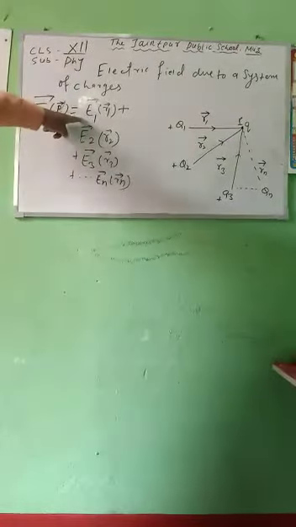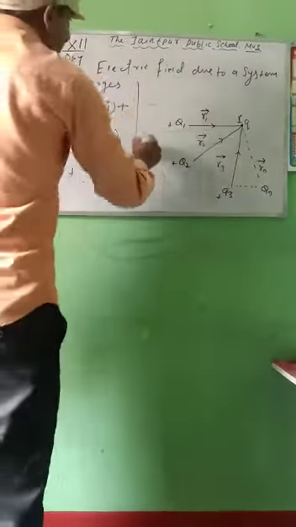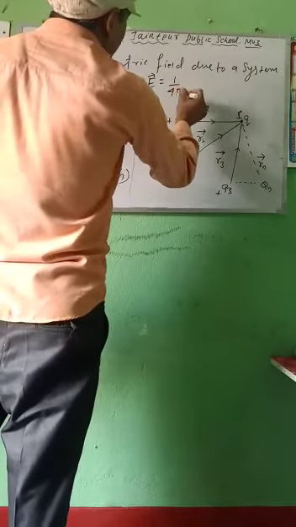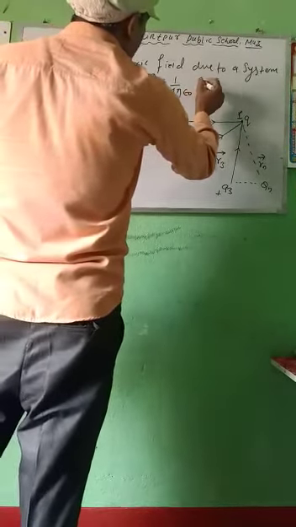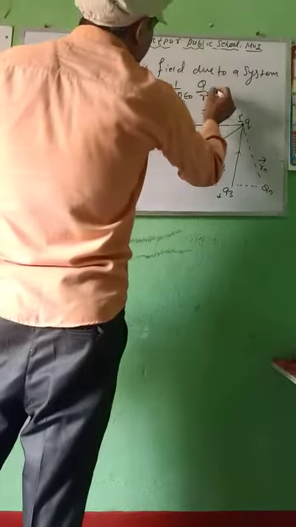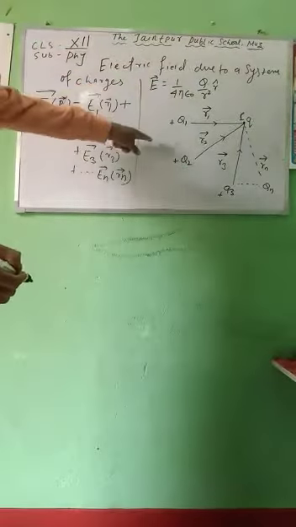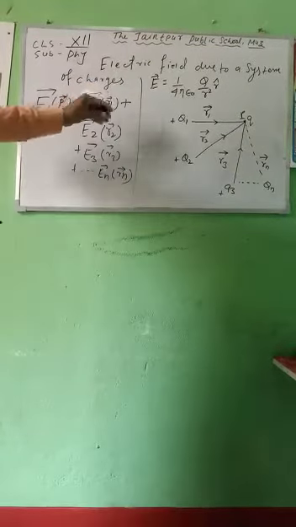So you know that E is equal to 1 by 4 pi epsilon naught, Q by r square, vector. Similarly, we will put the value of E1, E2, E3 and so on. So we will replace it.